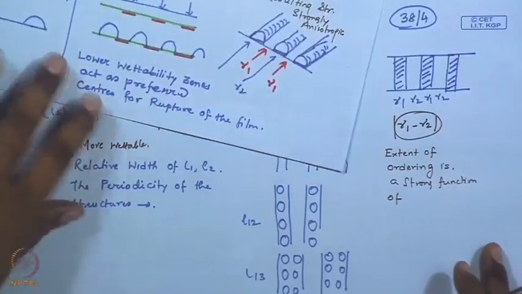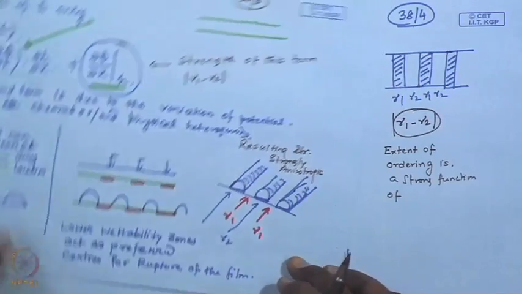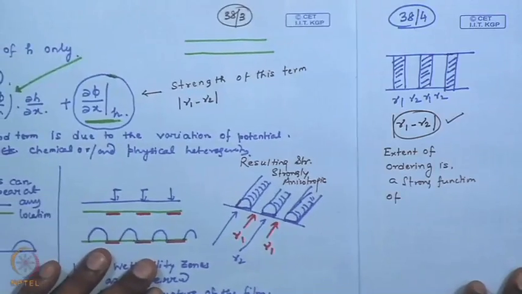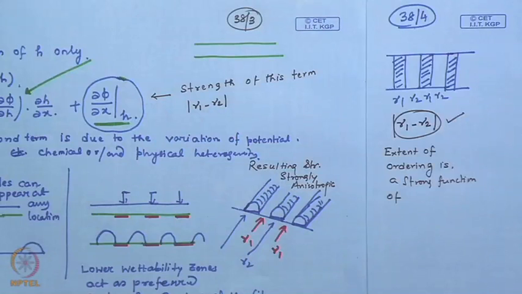So, if you take different surfaces where let us say the gamma 1 minus gamma 2 is varied, and this can be easily done from your soft lithography understanding, you can immediately say that if you take silanes which have different surface energies, or take a base surface which has different surface energy, this can be accomplished. So, lower is the difference between gamma 1 and gamma 2, what is going to happen is that the strength of this term is going to become weaker, and the anisotropy of the structure reduces, or in other words the extent of alignment gradually reduces, and the structure tends to become more random.